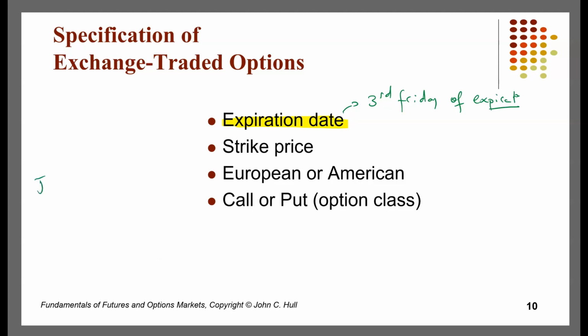Now the January cycle would have April, July, and October. So I'm going to write it a little better. So we're going to have April, July, and October. And the February cycle is going to have the other ones.